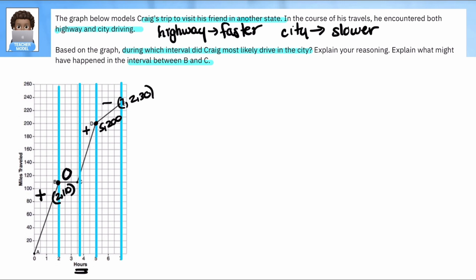So he's still increasing, but he's not going as fast as he did. So if this was the story, he's going pretty fast, then no change, he's just stopped. Then he goes fast again, and then he's still going, but not at the same speed, it looks like. So that's what I'm kind of imagining. All right, so when did he most likely drive in the city? Well, my guess is he was driving in the city during this part.